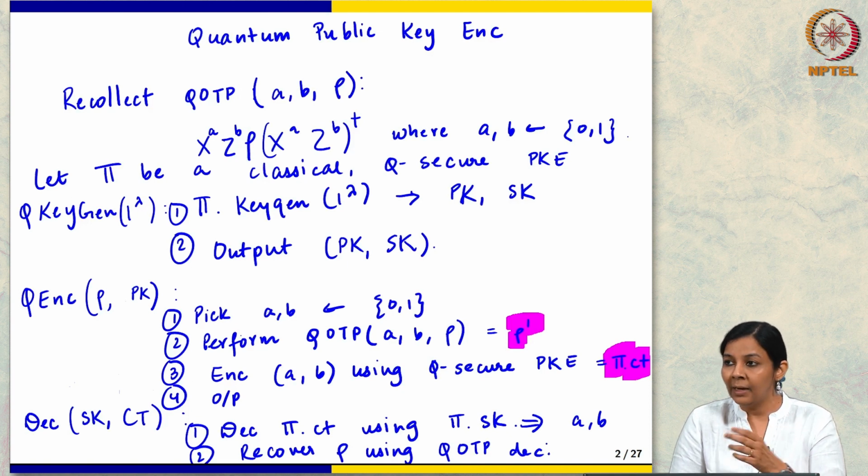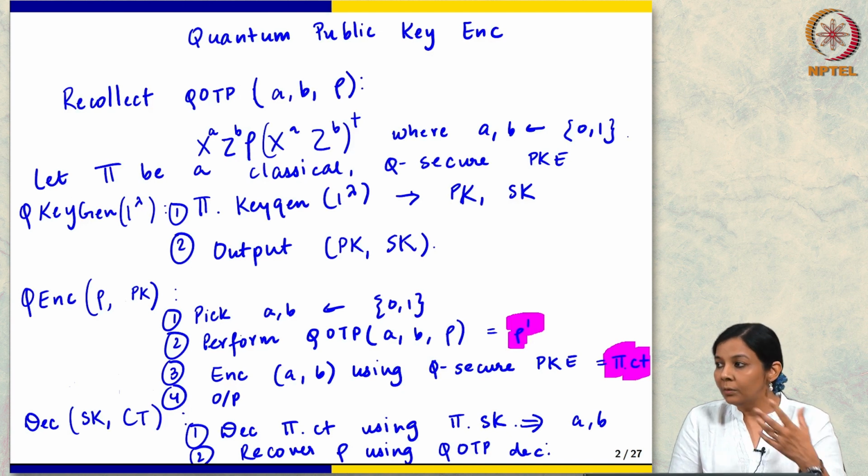That means that if I only want to encrypt classical information, then this PKE suffices. But the goal we are trying to achieve right now is to generalize to encrypting quantum states. We do not want to just encrypt classical states, we want to encrypt quantum states.